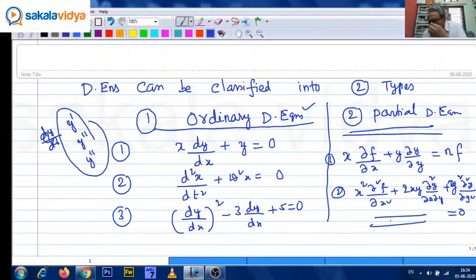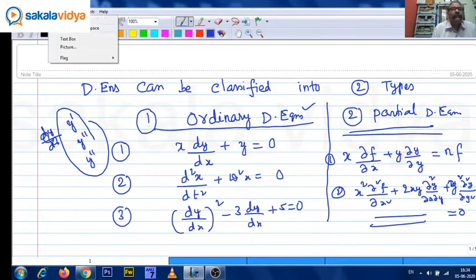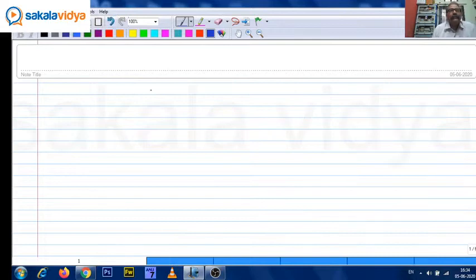So these are all called partial differential equations. Now the most important point: in this chapter we deal with ordinary differential equations only.